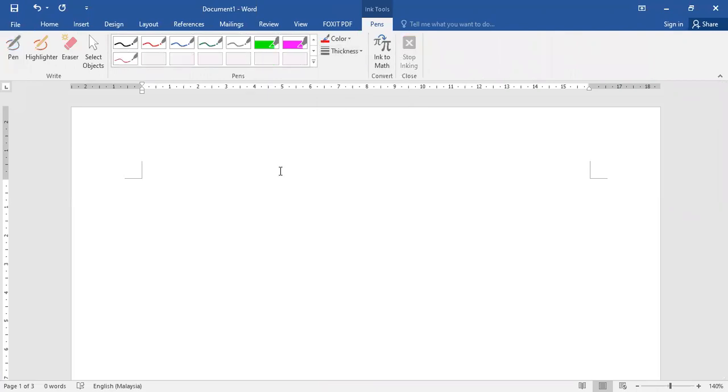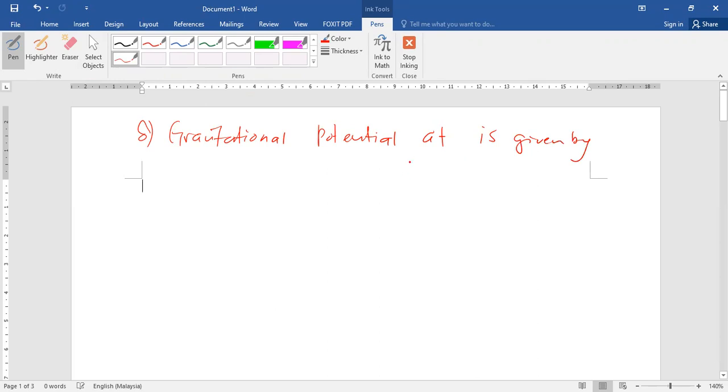Okay, let's go to question number 8. So first, the gravitational potential at P is given by what formula? That means VP is equal to negative GM over 2R.